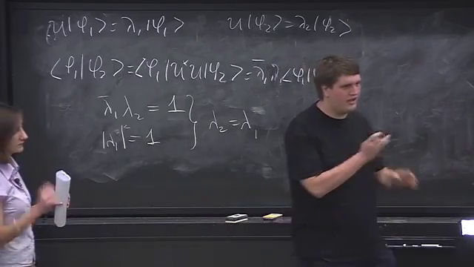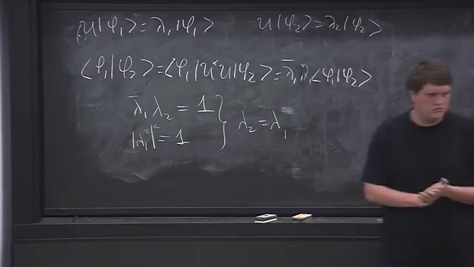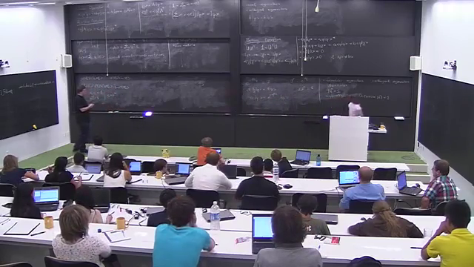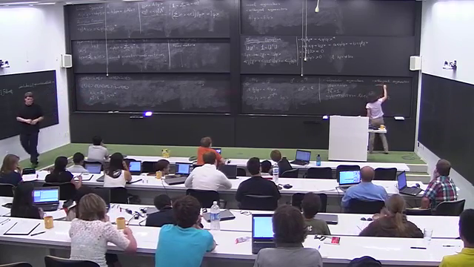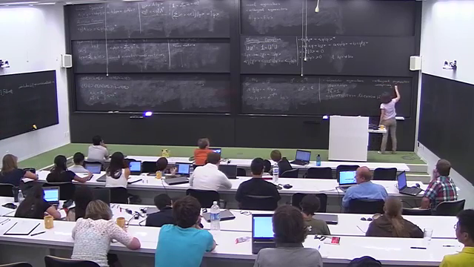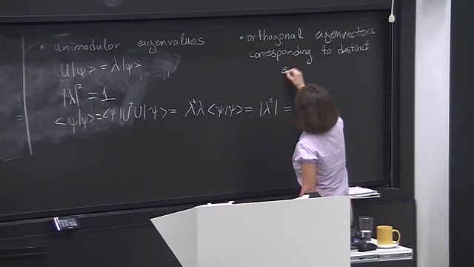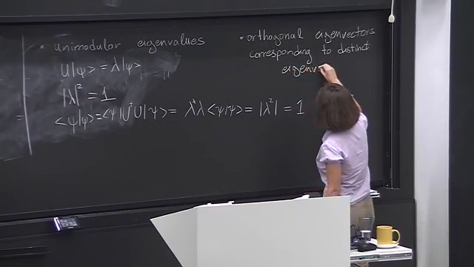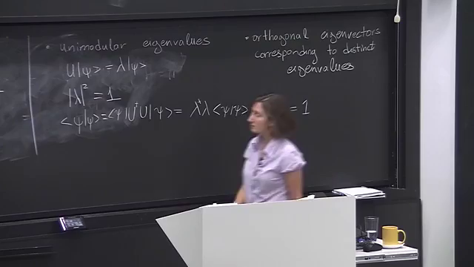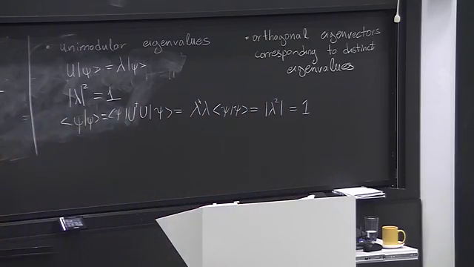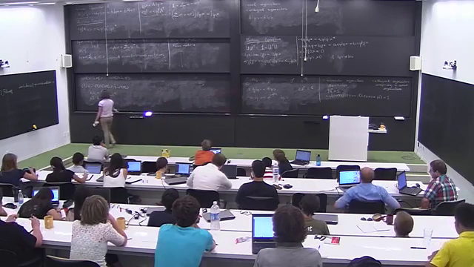So you can't guarantee that they're orthogonal. Okay, so let me be more specific here and say that they have orthogonal eigenvectors corresponding to distinct eigenvalues. Okay, and the same thing holds for Hermitian operators.